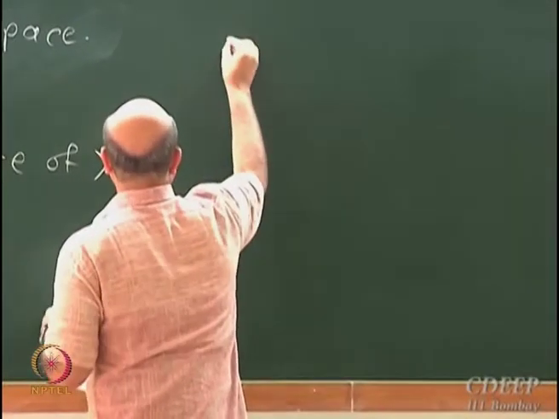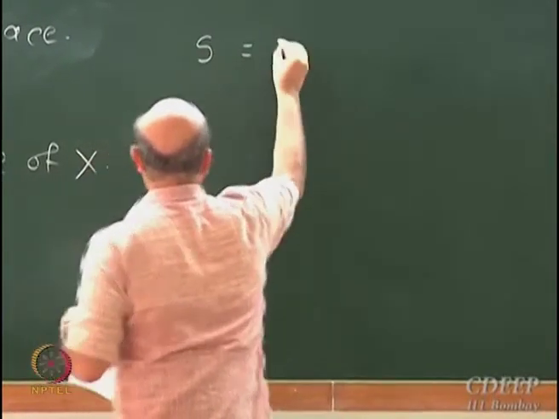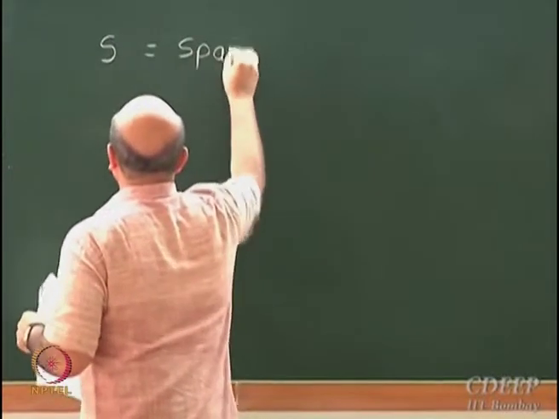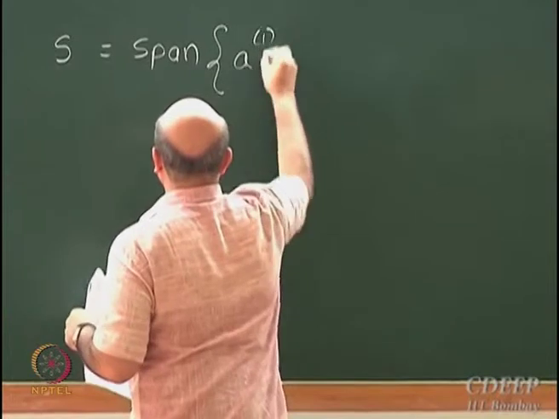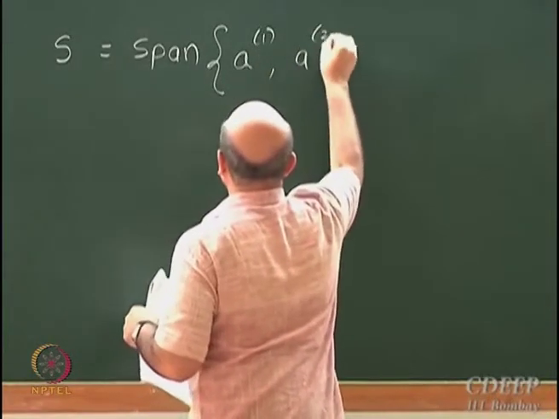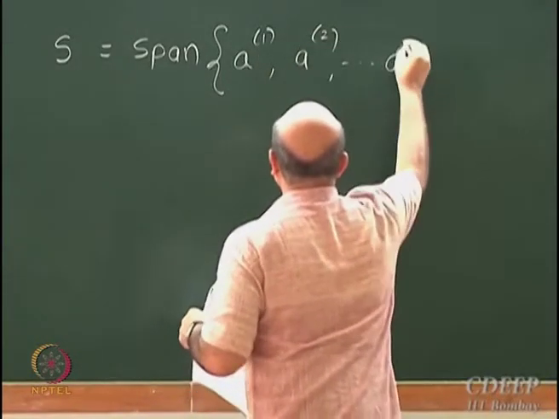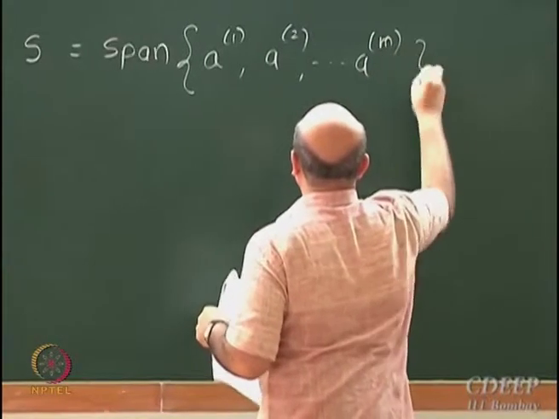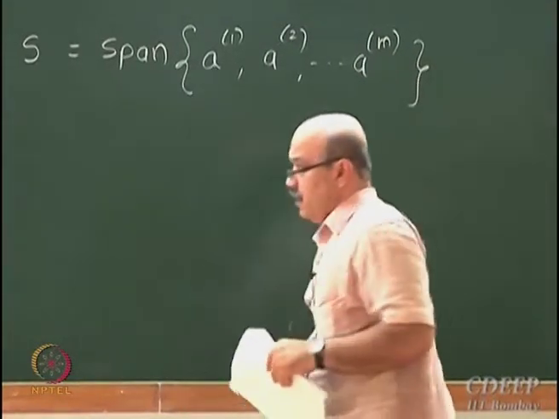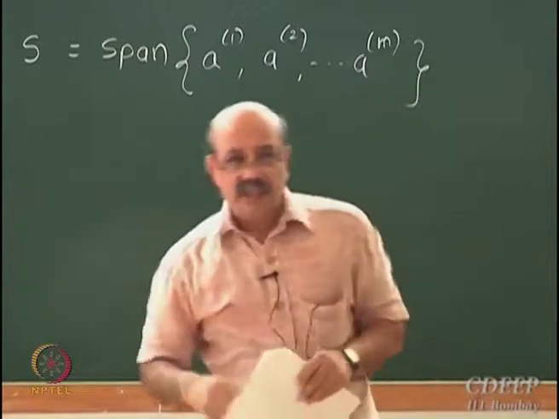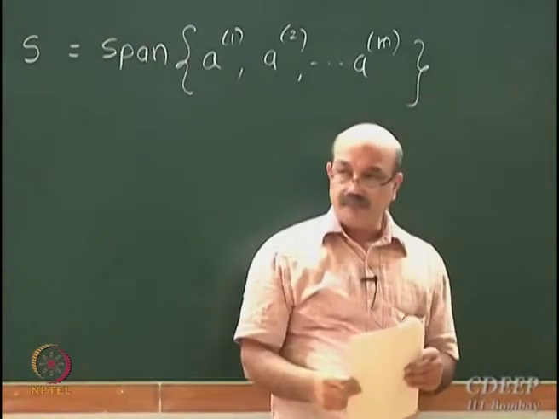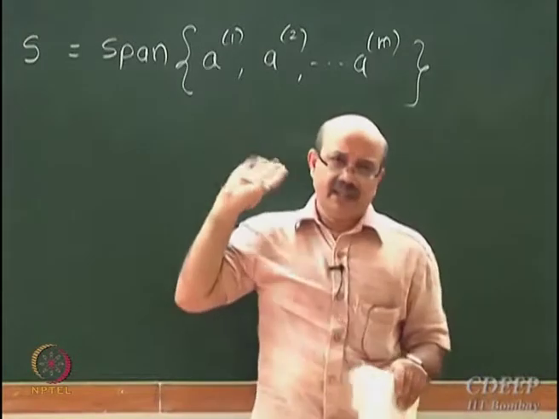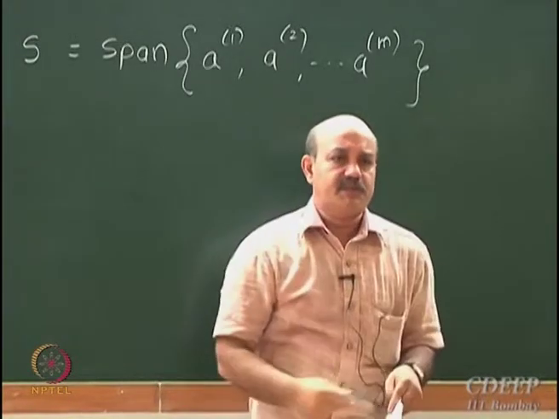So let's say S is equal to the span of some basis vectors a1 to am. These are linearly independent basis vectors. There are m basis vectors, and so S is a finite dimensional subspace.